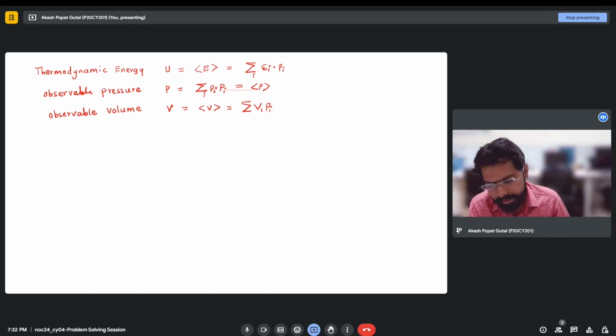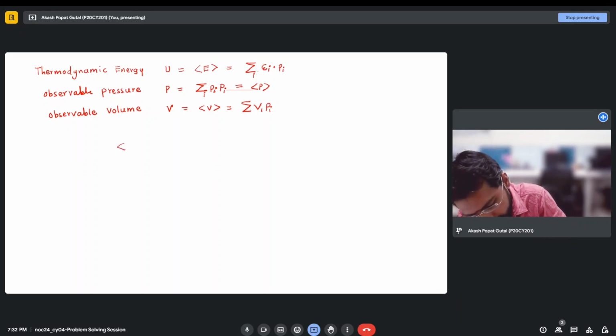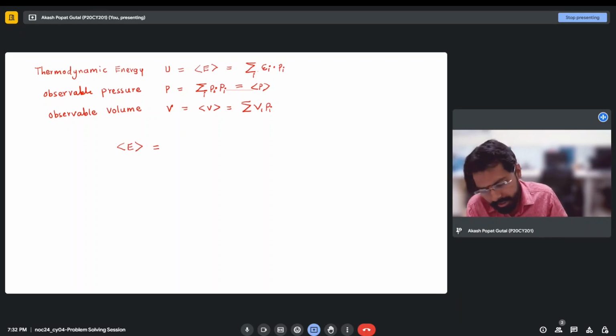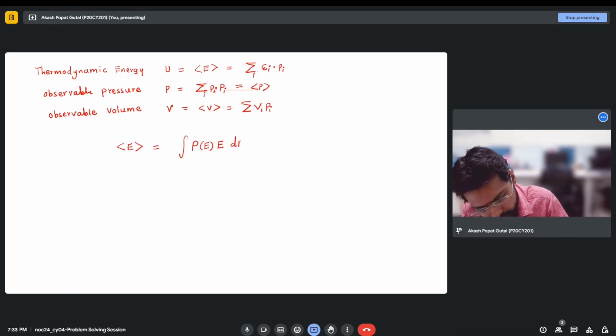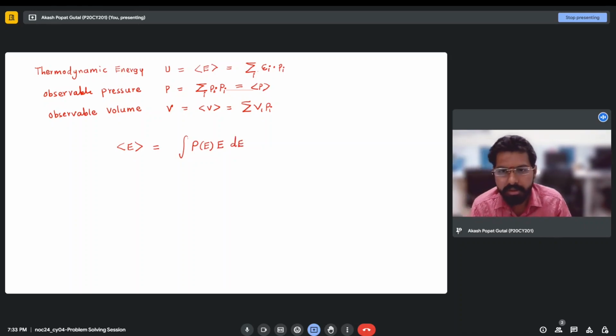So in statistical thermodynamics, whatever the quantity, the average value, in case of energy, can be calculated by summing or integrating over the probabilities of energy E into the energy of that level, into dE.